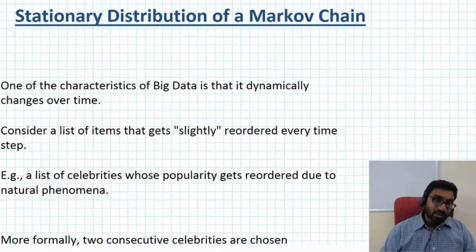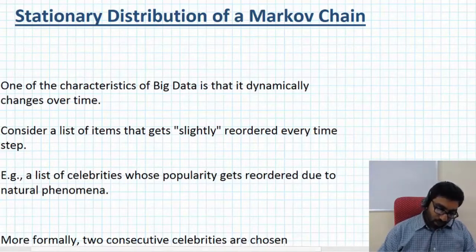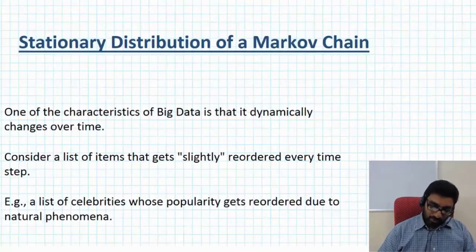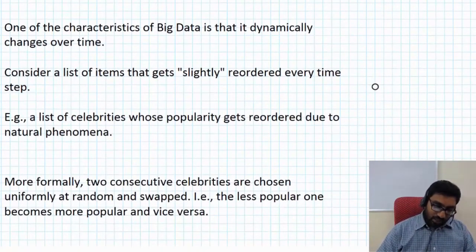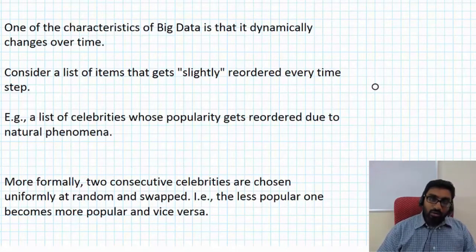Okay, so let's start by looking at this application. One of the key things about big data is that the data changes over time. The data is never static, and it keeps changing over time, often in a fairly slow manner. Let's look at a concrete example. Let's look at a list of celebrities, ordered by popularity.